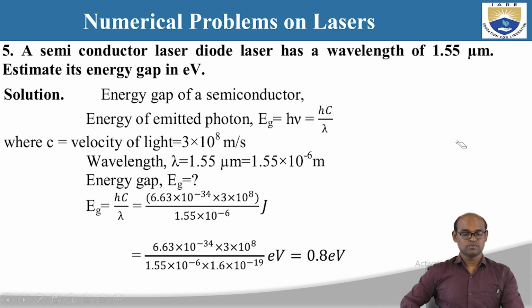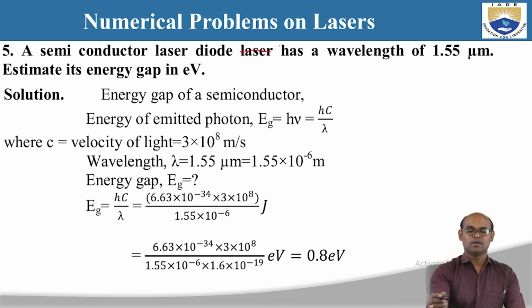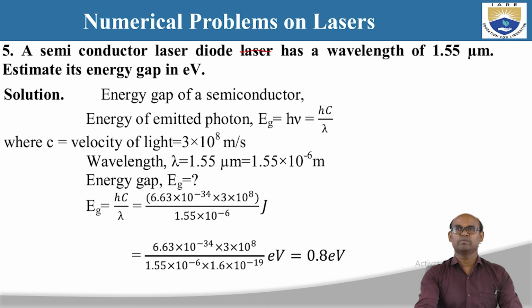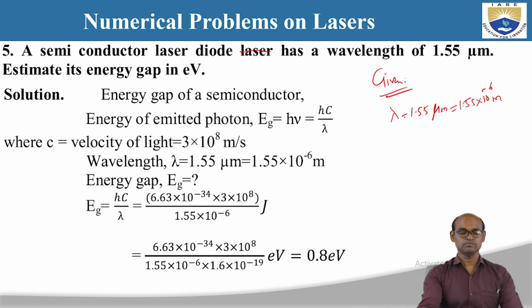So the fifth problem on lasers is: a semiconductor laser diode has a wavelength of 1.55 micrometers; estimate its energy gap in electron volts. Given is lambda equal to 1.55 micrometers. You can convert into meters, 1.55 into 10 power minus 6 meters, and we need to estimate the energy gap Eg.